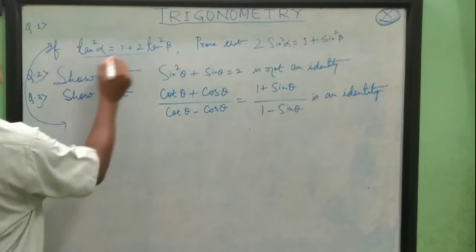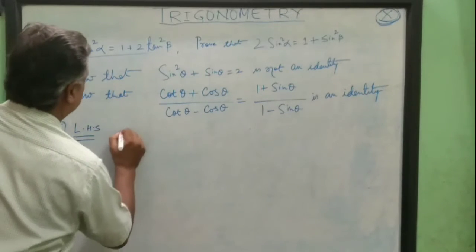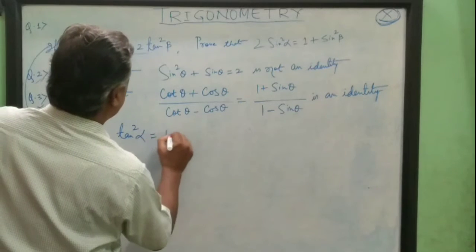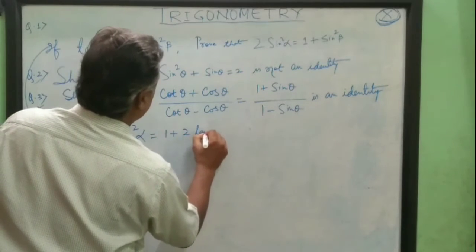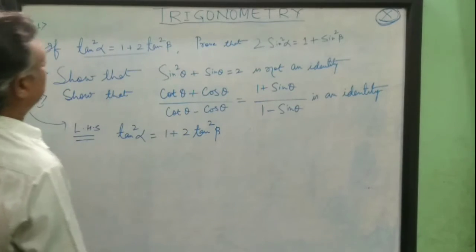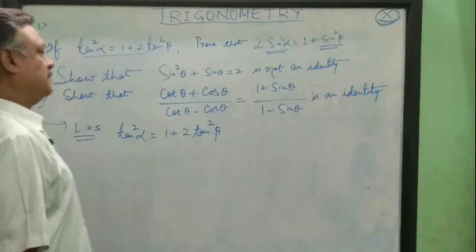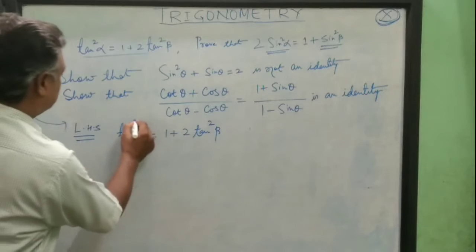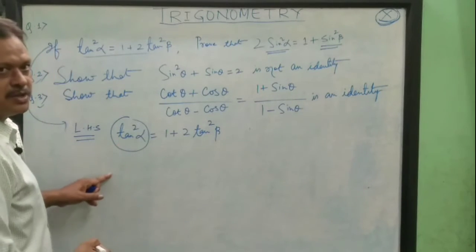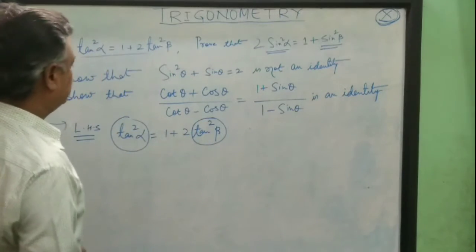It is given tan square alpha, LHS, tan square alpha is equal to 1 plus 2 tan square beta. We have to prove in terms of sin square alpha and sin square beta. So obviously we have to write this as sin square alpha by cos square alpha and this as sin square beta by cos square beta.